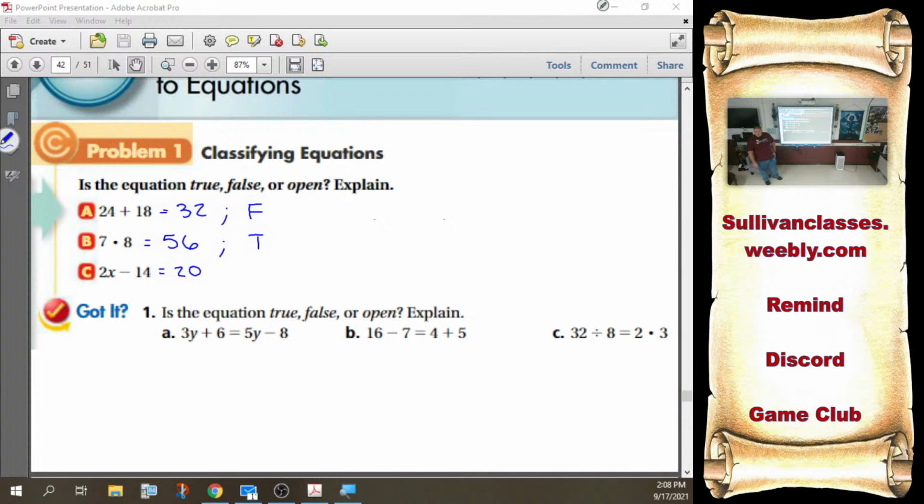No. If it's 17, no. 17 times 2? 34. 34 minus 14? Oh, that's a minus? Yeah. So this one is open, because right now I don't know if it's true or false because I don't know what the value for x is. That's what solving an equation is. You find the one value, or maybe multiple values, that are going to make it true.